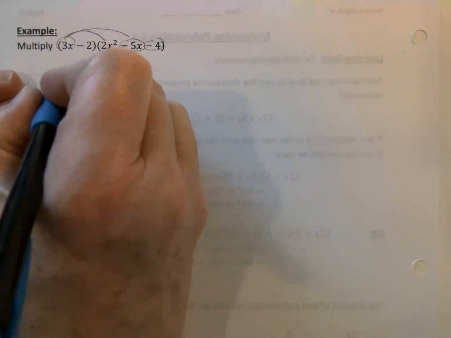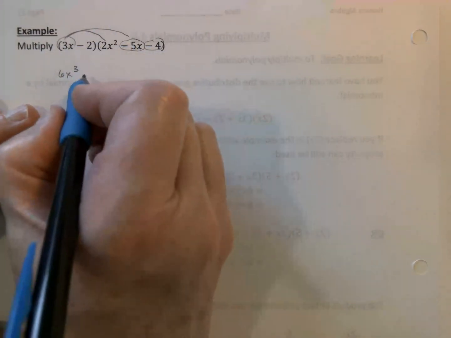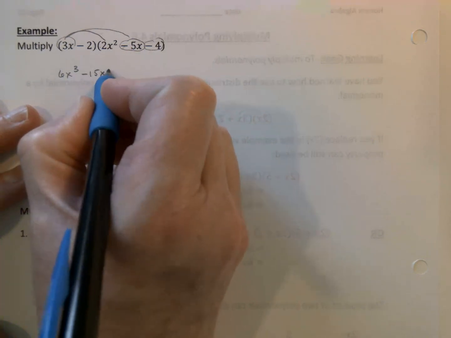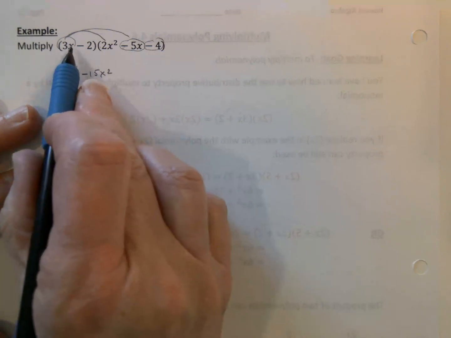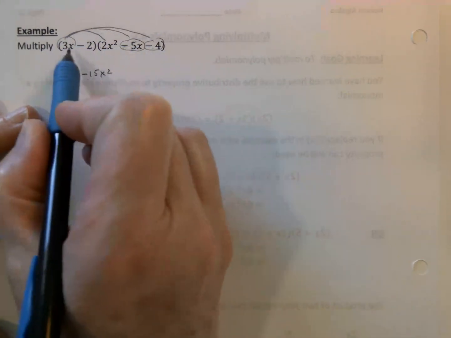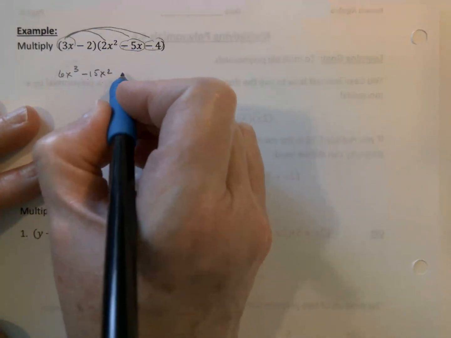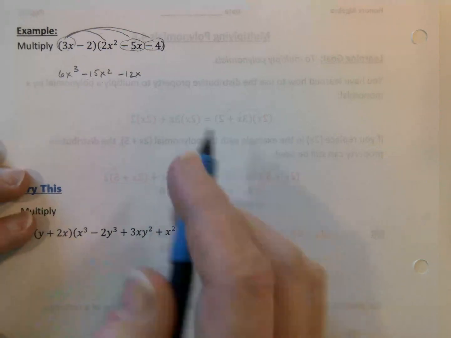So this was 6x cubed. 3x times -5x is going to give me -15x squared, because 3 times -5 is -15. X times x is x squared. And then I'm going to do 3x times -4. Well, 3 times -4 is -12, and then it's just x. Okay, so that's the first term.